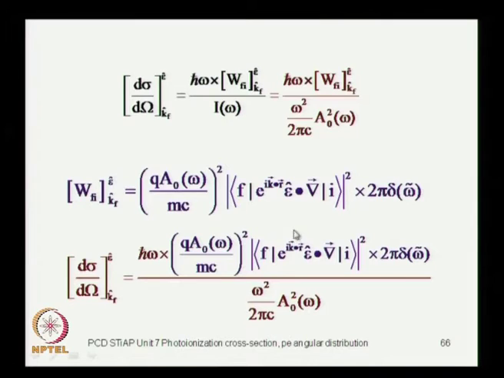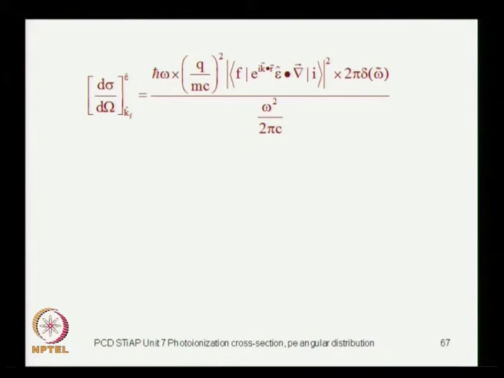So, here we have inserted the expression for this transition rate in this expression for the differential cross section, and notice that there is the square of the amplitude of the electromagnetic radiation, and you have it in both the numerator as well as the denominator. So, these two terms will cancel each other, and the rest of the expression is what we have written over here.